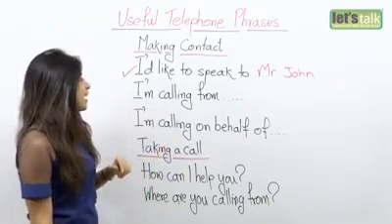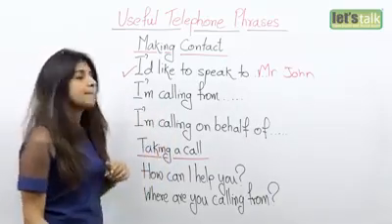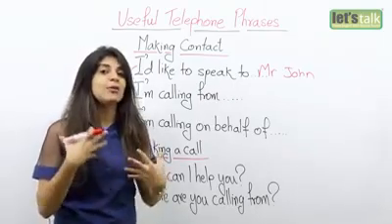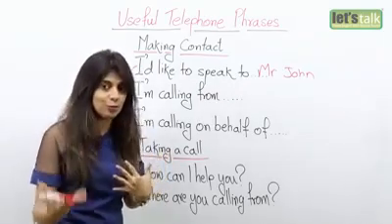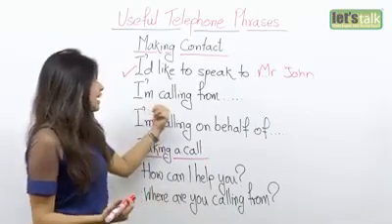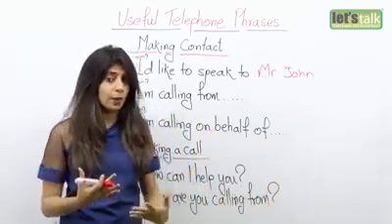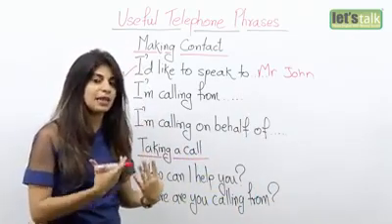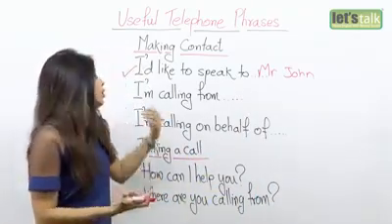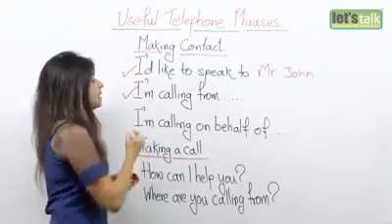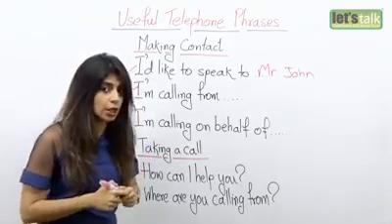The second phrase that I have for you is, of course, you would like to give out some more information about you. So you are going to say, I'm calling from so-and-so company. Okay? So you're going to mention what company you are calling from. So this is another phrase that you can use when you start the call.